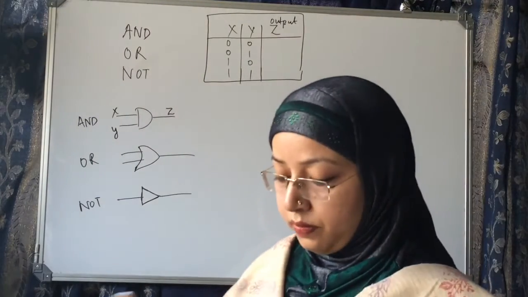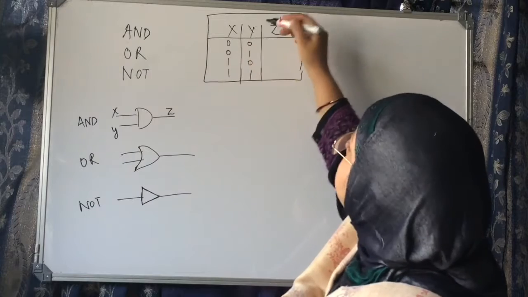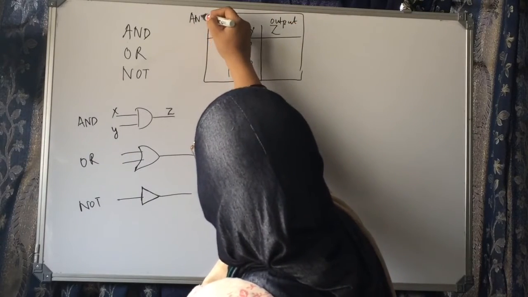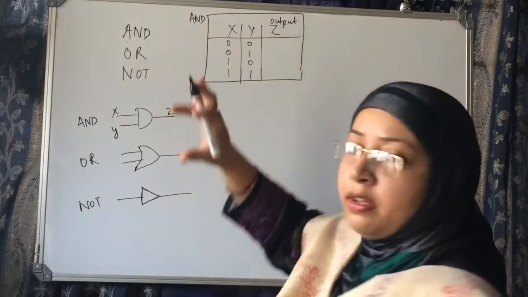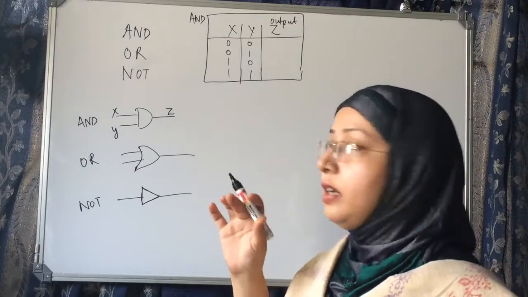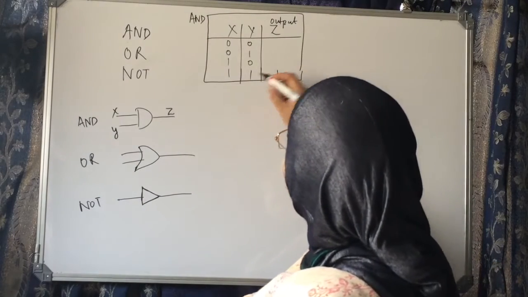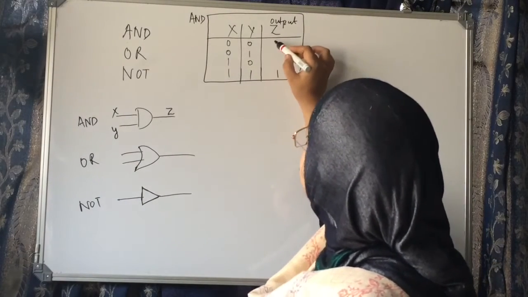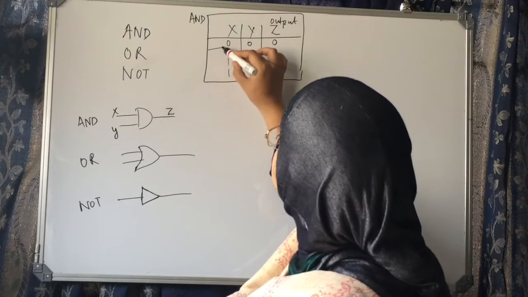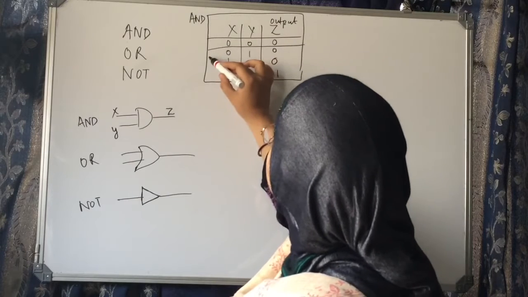So now for AND gate, output will be what I told you, that output will be 1 only when both the inputs are 1. Here both the inputs are 1, and otherwise it will be 0. There are 4 combinations, means 4 cases.